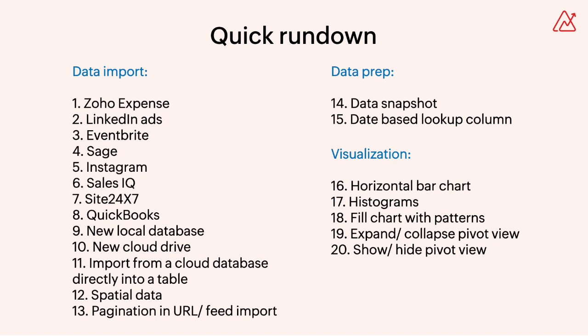We have horizontal bar charts and histograms. The fill chart with pattern helps people who find it difficult to identify colors, read charts effectively. Expand and collapse pivot view, show and hide helps you in running analysis on your pivot views.